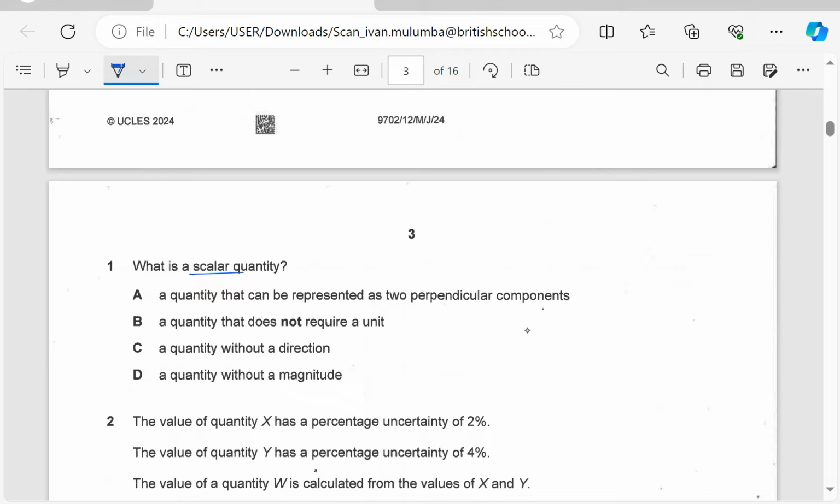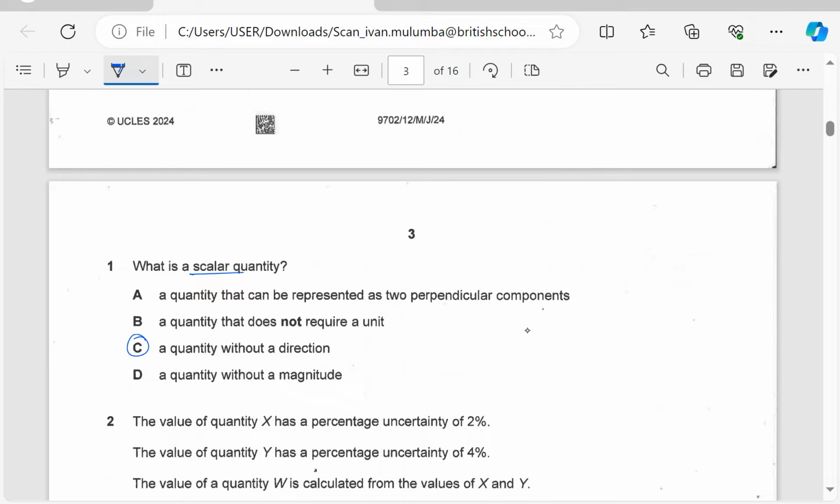So I think this is obvious. The answer is going to be automatically C. A quantity without a direction, that is a scalar quantity. When you say quantity without magnitude, whether it is a scalar or vector, it has magnitude. When you say quantity that does not require a unit, a scalar quantity can be a physical quantity, and every physical quantity requires a unit.